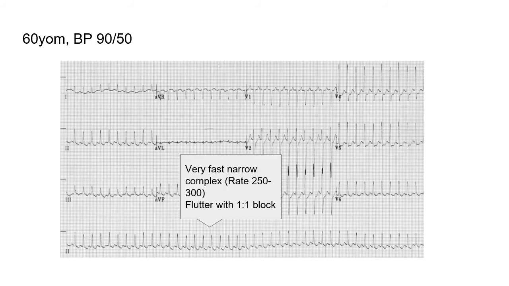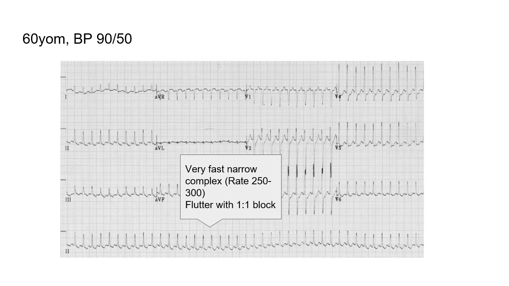So it's a very fast, narrow complex. With flutter with 1-to-1 conduction, it can be hard to see the P waves. With 2-to-1, it's much easier. You see those classic sawtooth P waves. The treatment for flutter is going to be either a beta blocker or calcium channel blocker, or cardioversion.